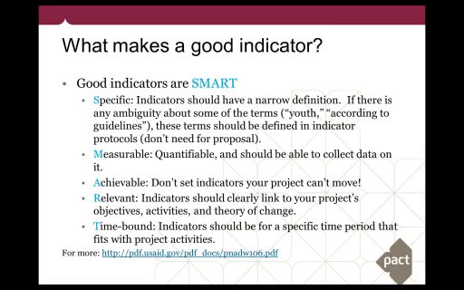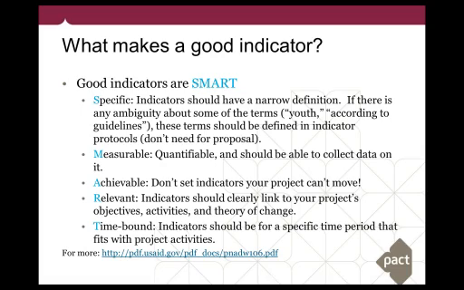You won't include that in your proposal. It'll be part of the later M&E plan that you write. The next characteristic SMART indicators have is that they are measurable. So again, they're quantifiable, they're numerical, but you should also be able to collect data on them.